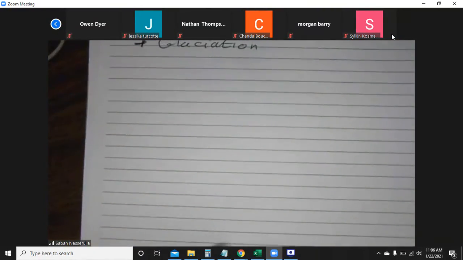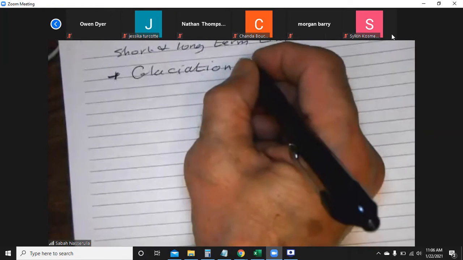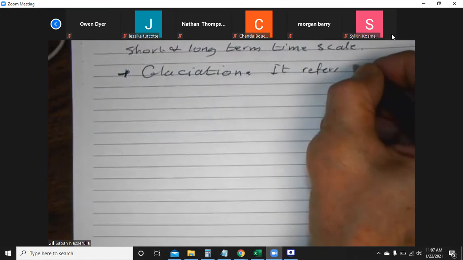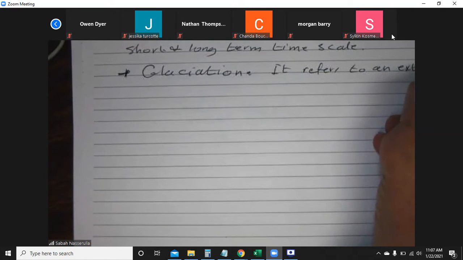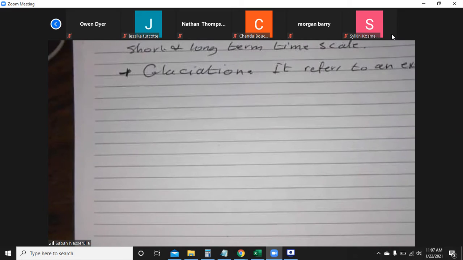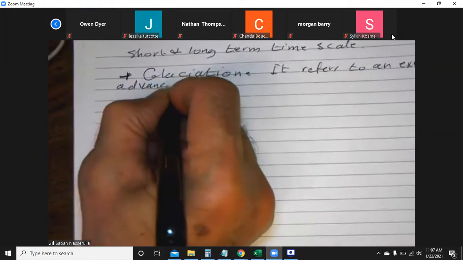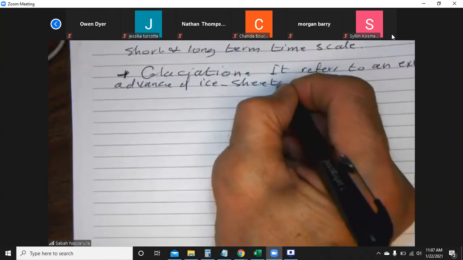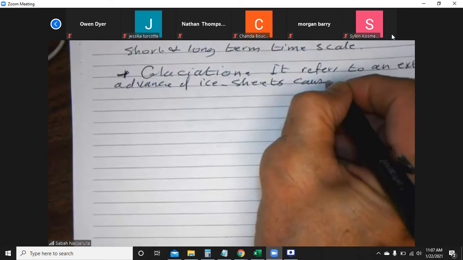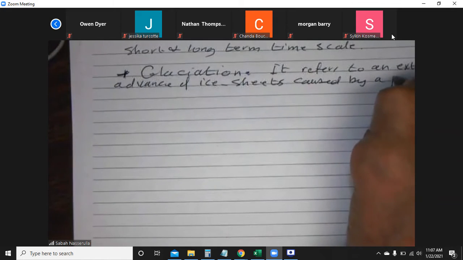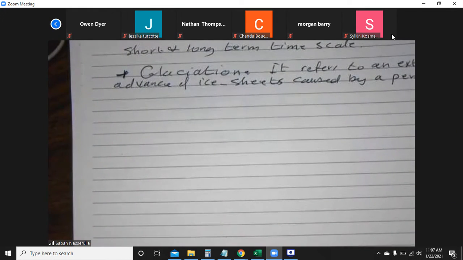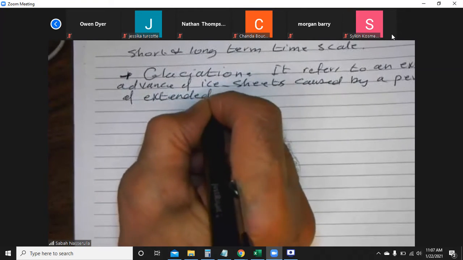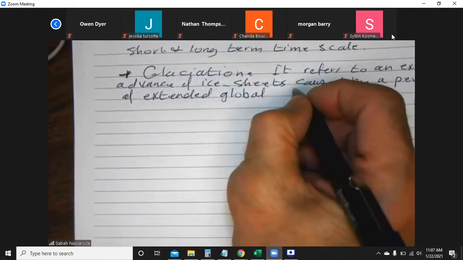Glaciation refers, in general, to an extensive advance of ice sheets caused by a period of extended global cooling.